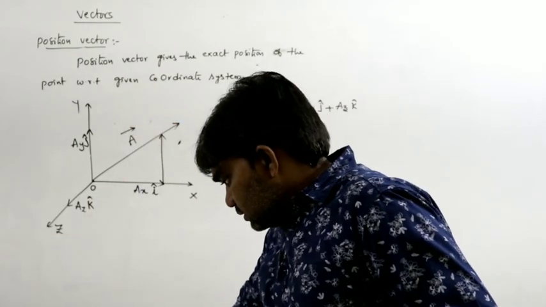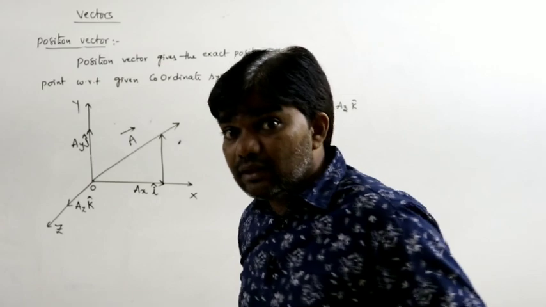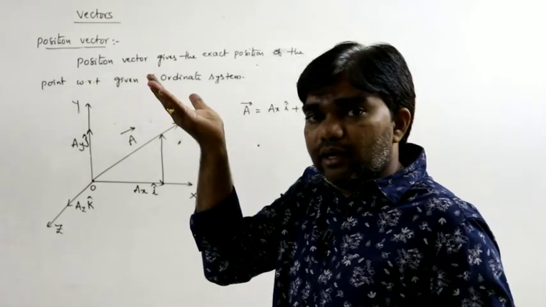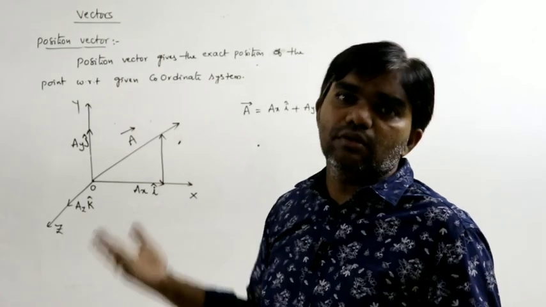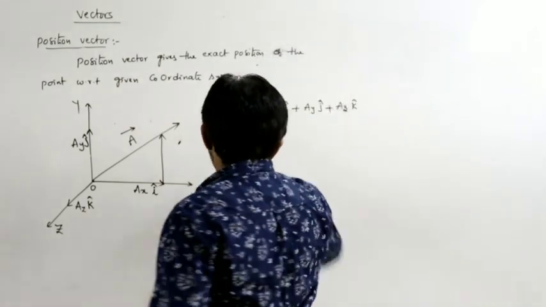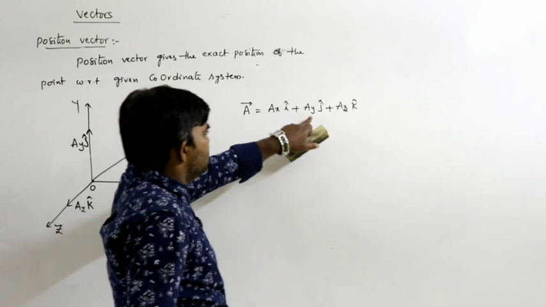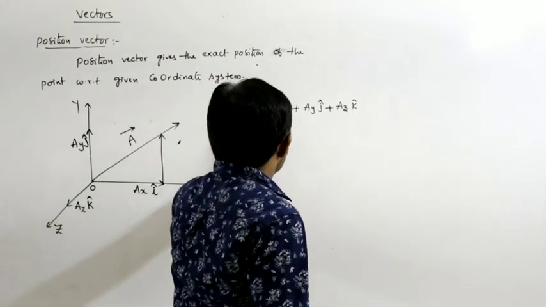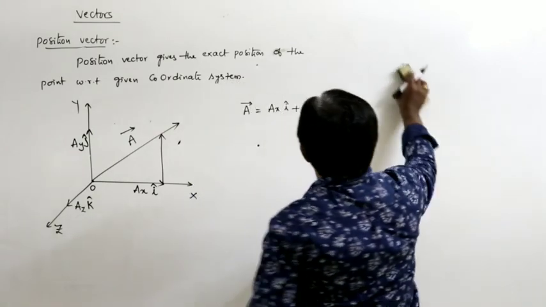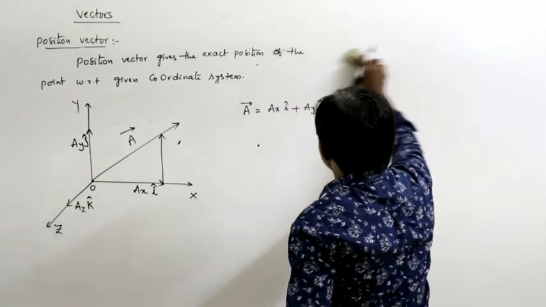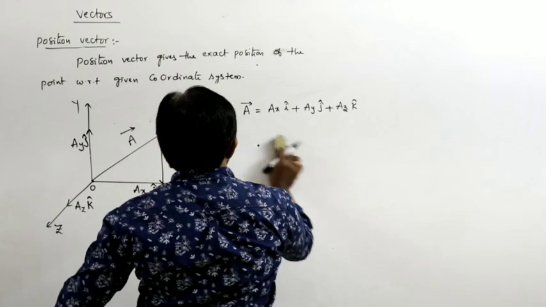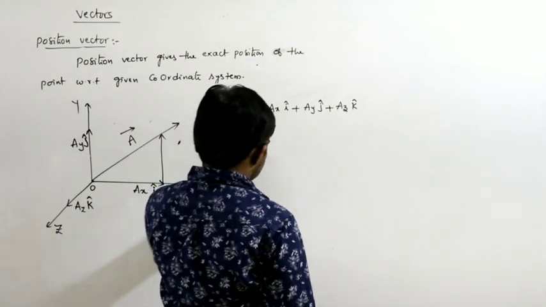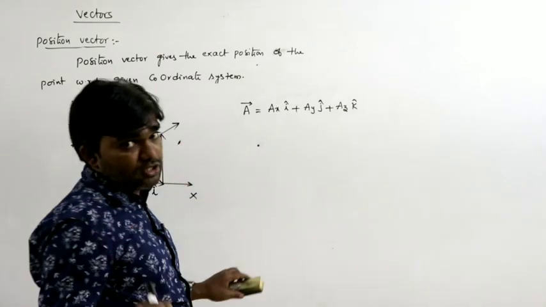Of course the second vector starts like this, but for our convenience I am drawing from x, and the third vector from y like this. The line joining these gives the resultant. That's why A bar is equal to AXi plus AYj plus AZk. This is the resultant A bar, the original vector, a vector in 3 dimensions.